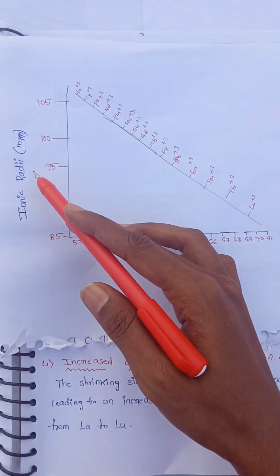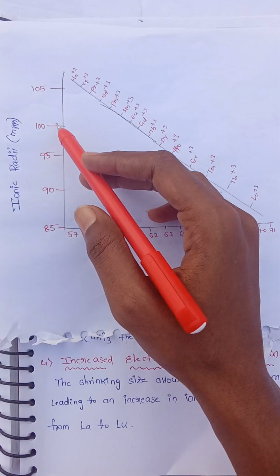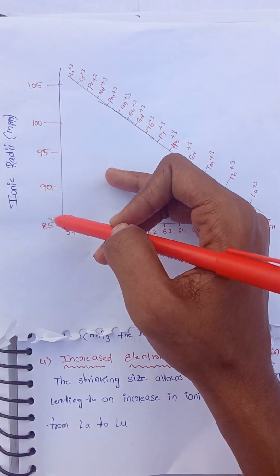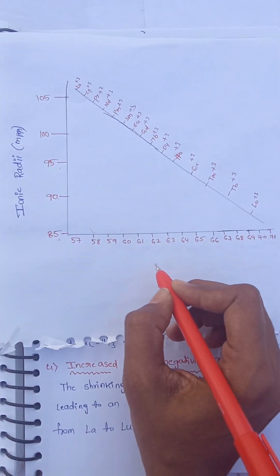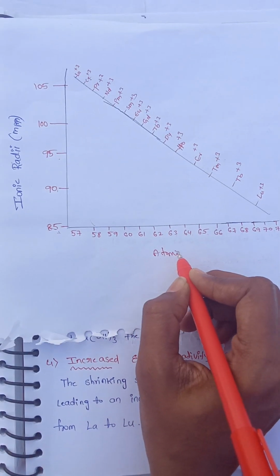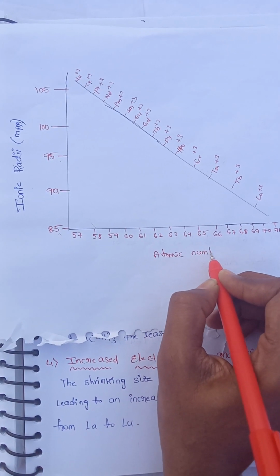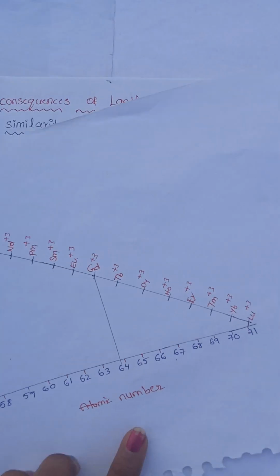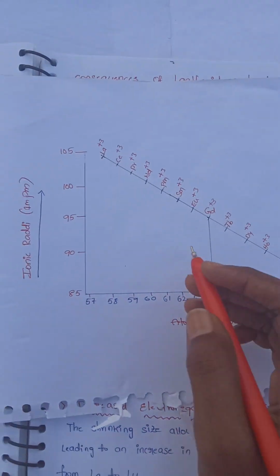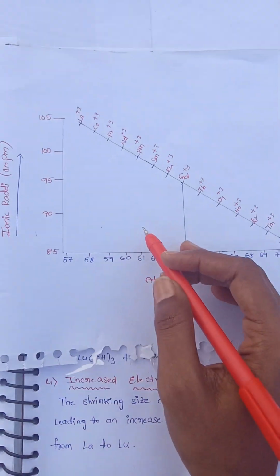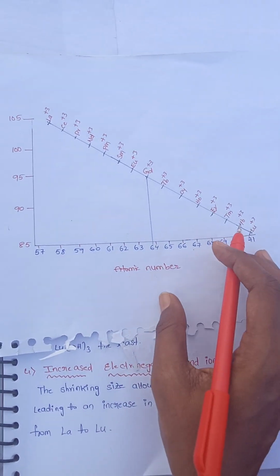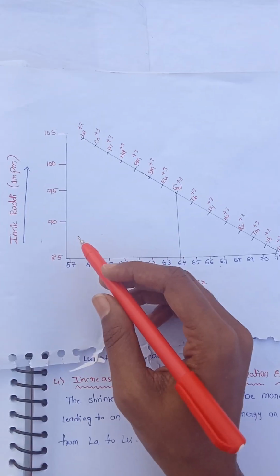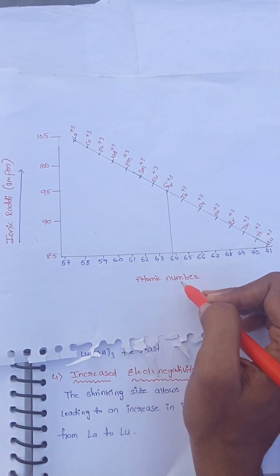This is the ionic radii, with 105, 100, 95, 90, 85, and this is the atomic number. Sorry guys, look at this once. This is clear, take a look. Ionic radii and atomic number.